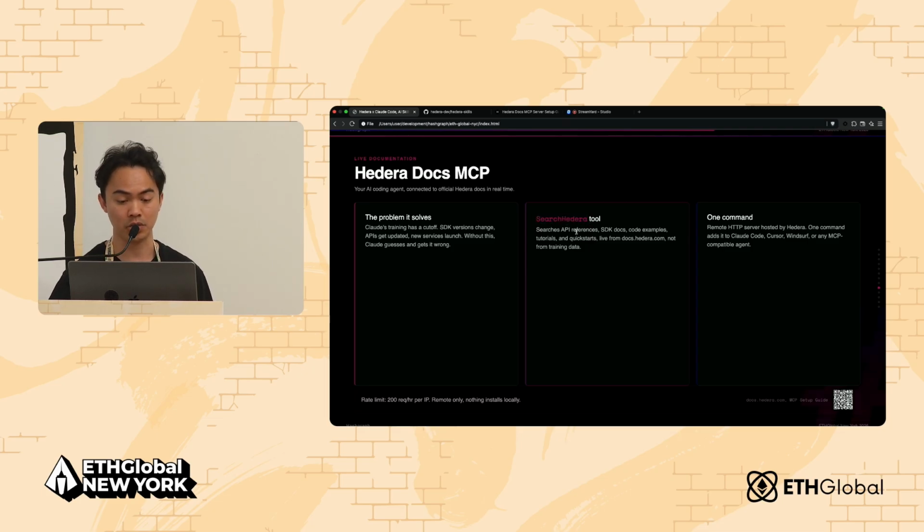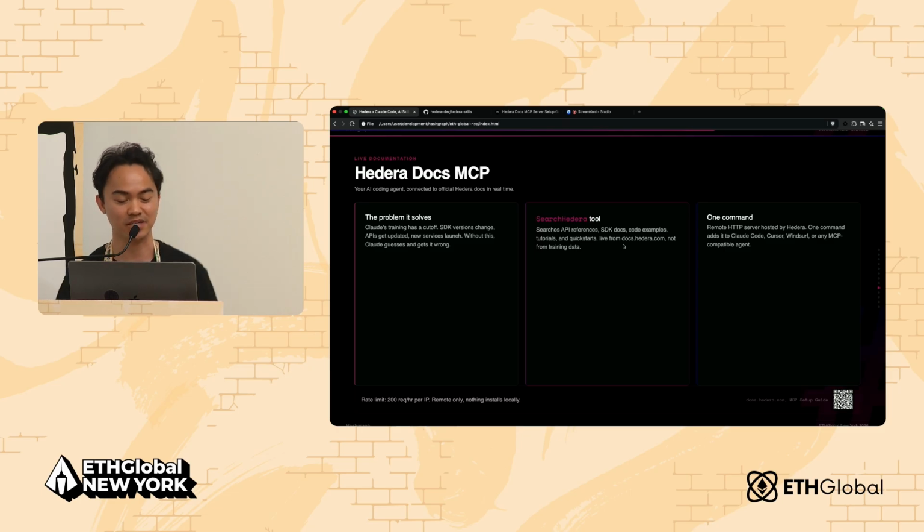We support the Search Hedera tool. It's gonna go through every single aspect of the documentation. It's gonna look for all the API references, the SDK docs, code examples, and everything like that. And again, we have a great doc team at Hedera, and any single update we put out in the docs basically right away.